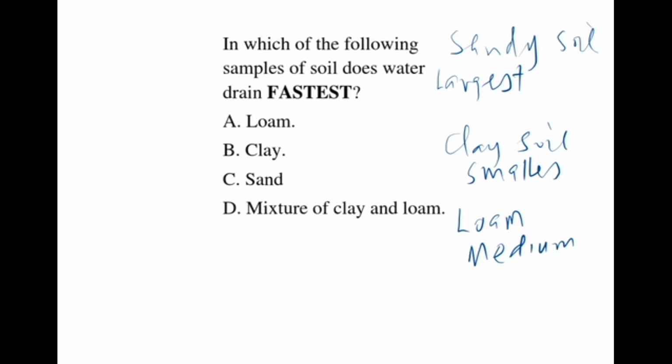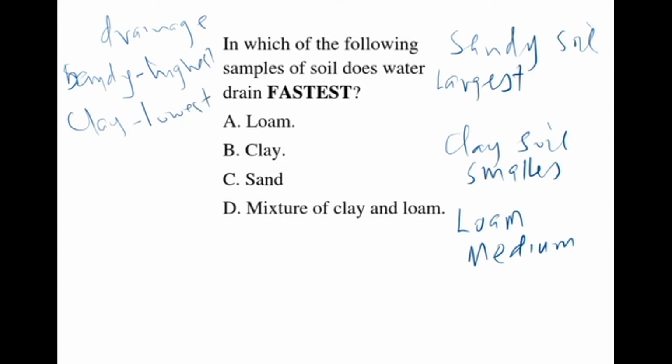When it comes to some of the characteristics like drainage, sandy soil has the highest drainage, and clay soil has the lowest. Then we have loam soil as medium drainage.